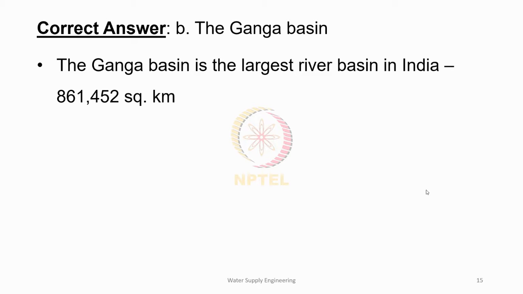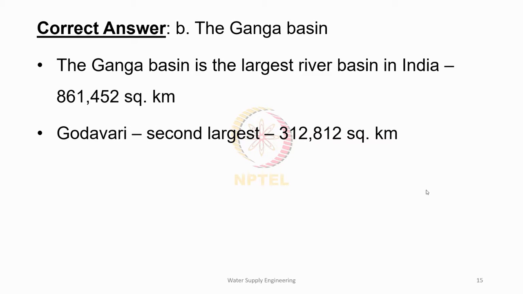The Ganga Basin is the largest river basin in India, having a total catchment area of around 8 lakh 61,452 square kilometers. The second largest is the Godavari Basin with 3 lakh 12,812 square kilometers.